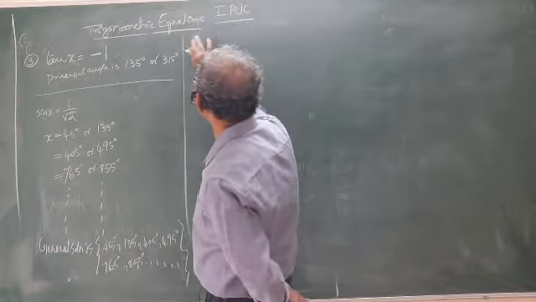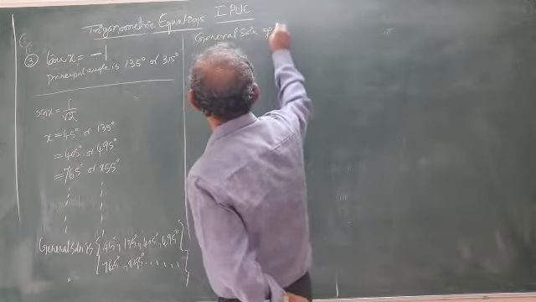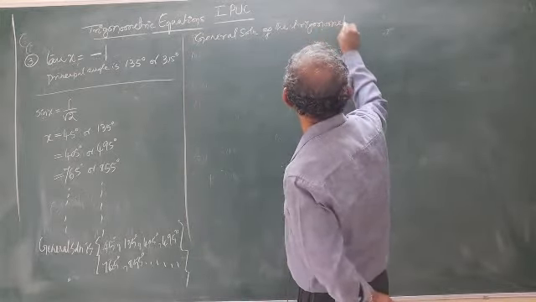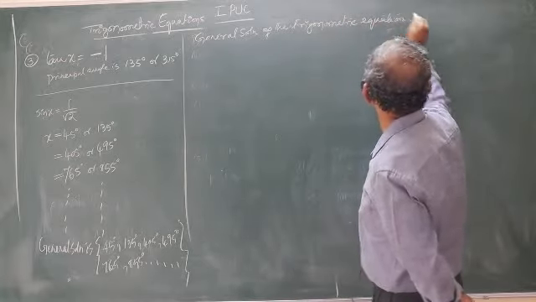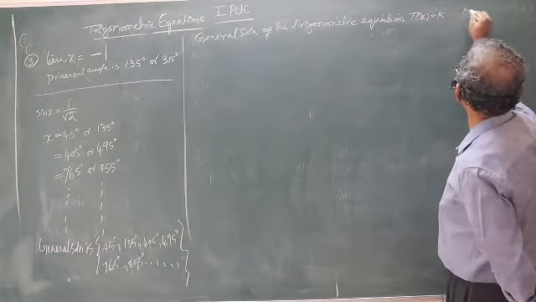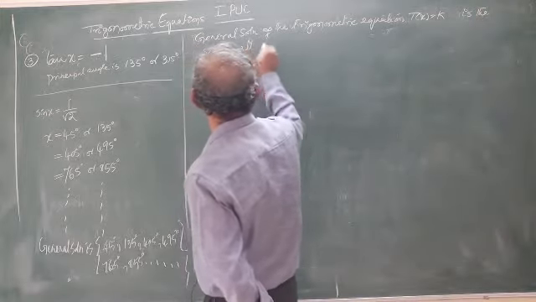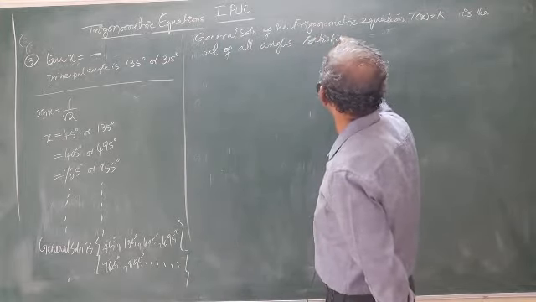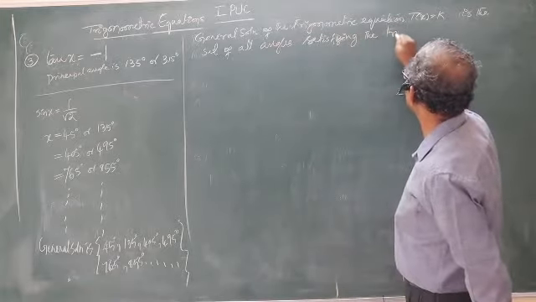So write: general solution of the trigonometric equation T of x equal to k is the set of all angles satisfying the trigonometric equation.